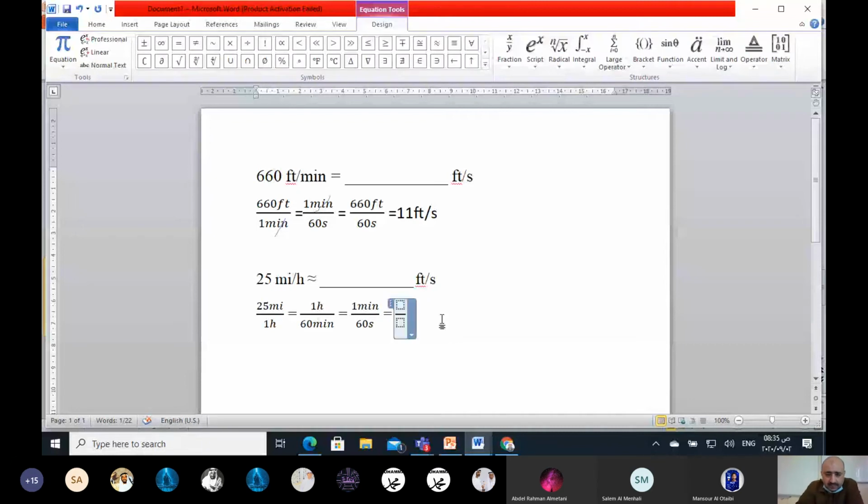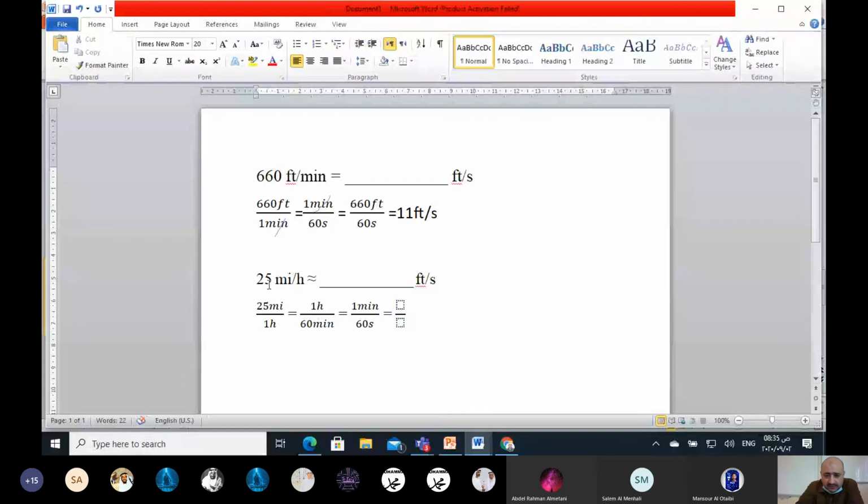Right. Listen here. The first sentence, we have 25 mile per hour. The first step, write it as a unit: 25 mile per 1 hour. I want to change from mile to feet, and from hour to second.